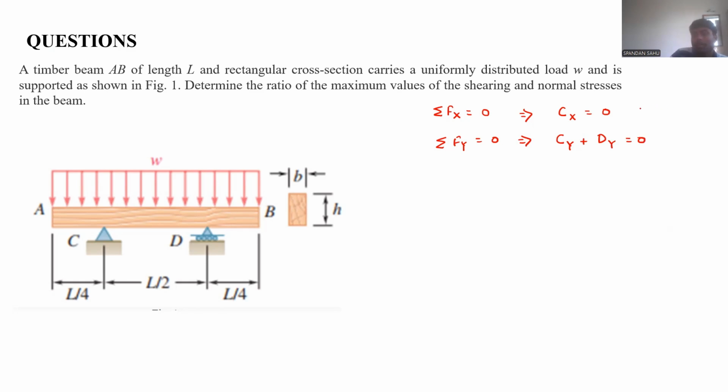Let this be equation 1 and let this be equation 2. Correct? Till this point, is everything clear?